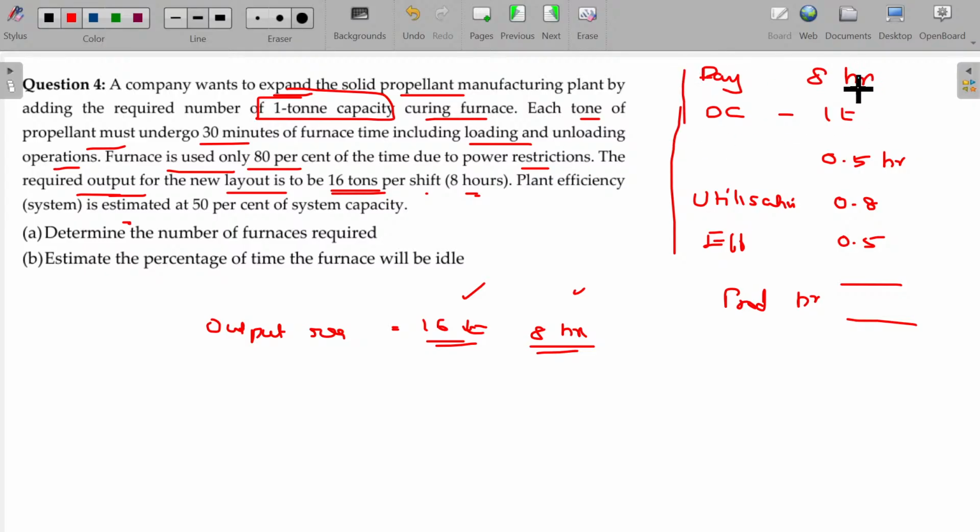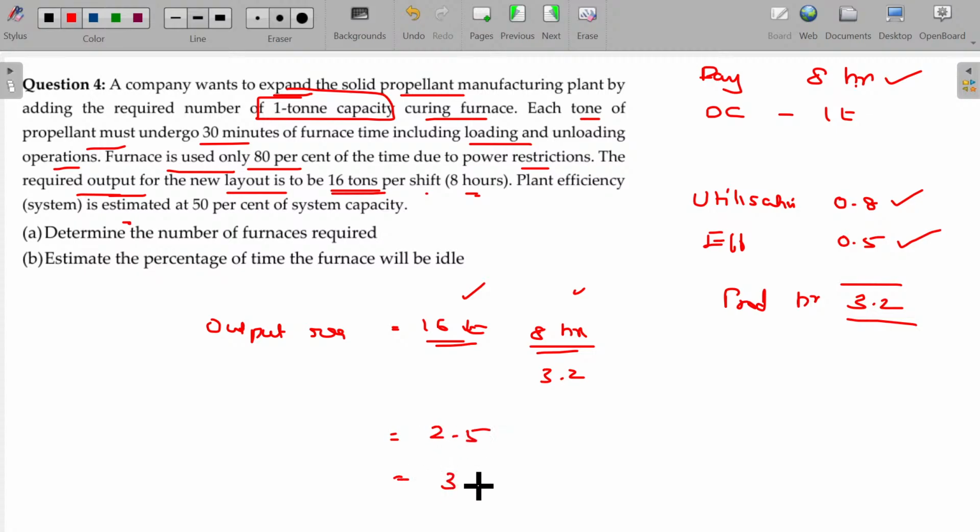You multiply all these things. 8 into 0.5. 8 hours available. You utilize only 80%. Efficiency only 50%. What is the ultimate value? 3.2. So 8 hours divided by 3.2, the final answer being 2.5. Otherwise, how many machines are in need? 3 furnaces in need.